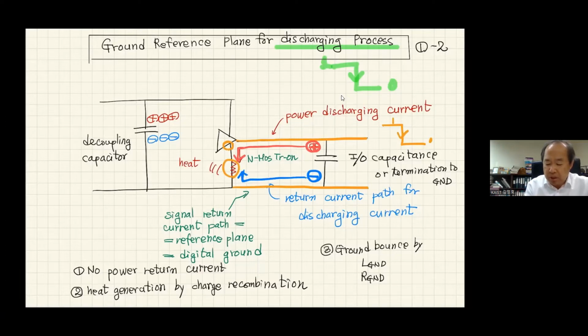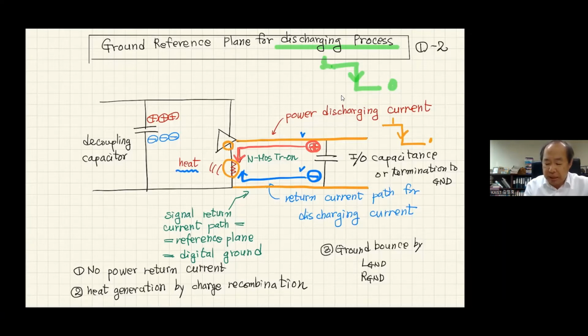So this return current actually will go in the opposite direction. And this arrow means the minus charge is moving to the NMOS driver. By combining this positive and negative charge, we're going to generate heat. That's why CMOS has higher temperature.